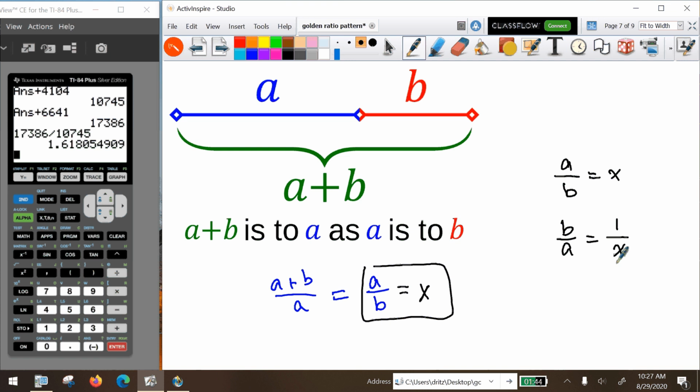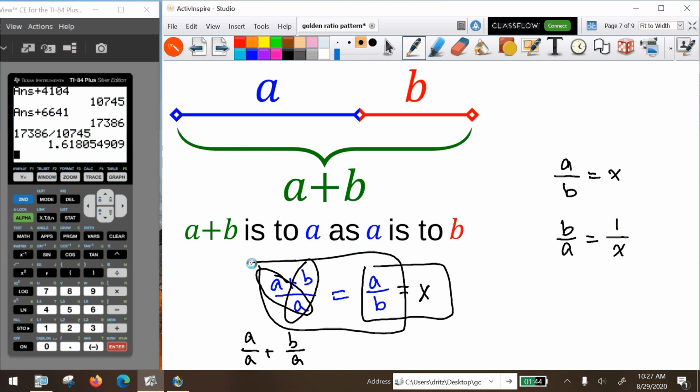You may also recall from middle school that you can split up fractions like this. A plus b over a is the same as a over a plus b over a. All I'm doing is taking this original blue equation and rewriting it down here. I split up that fraction and I'm setting it equal to a over b.